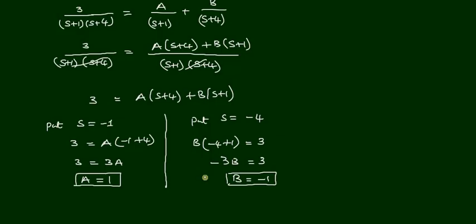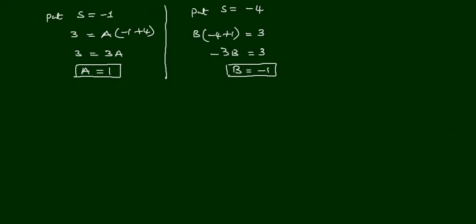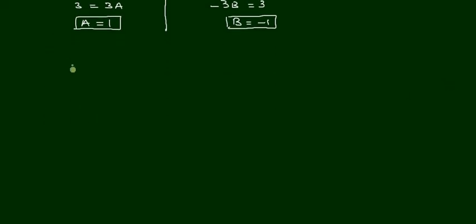Now we substitute these A and B values in the basic expression. Then we get X of s equals 1 by (s plus 1), minus 1 by (s plus 4). Now we find the inverse Laplace transform for this. Apply the inverse Laplace transform on both sides.